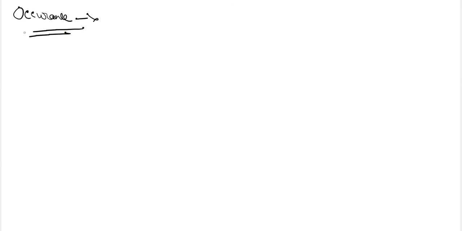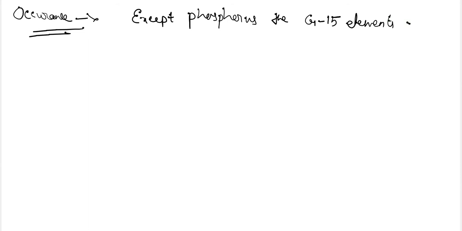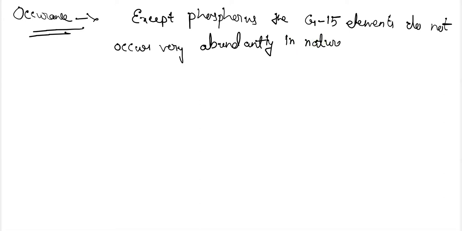Except phosphorus, the group 15 elements do not occur very abundantly in nature.